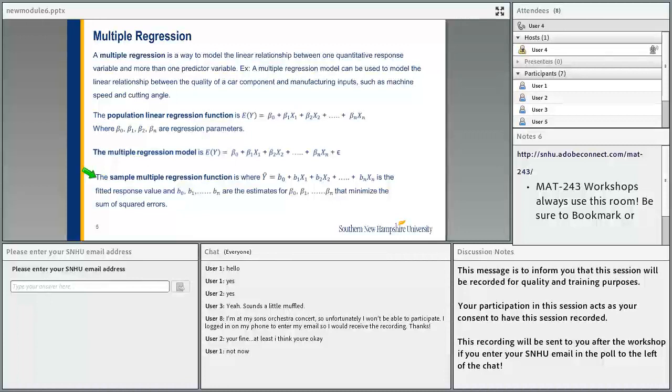The sample multiple regression function is going to be y hat equals b0 plus b1 x1 plus b2 x2 up to bn xn. So here notice that we don't have beta 0, beta 1, we have b1, b2, b3. So when we talk about the sample, we estimate beta 0 to be b0, and b1, b2, those will be estimates of beta 1, beta 2, and so on.